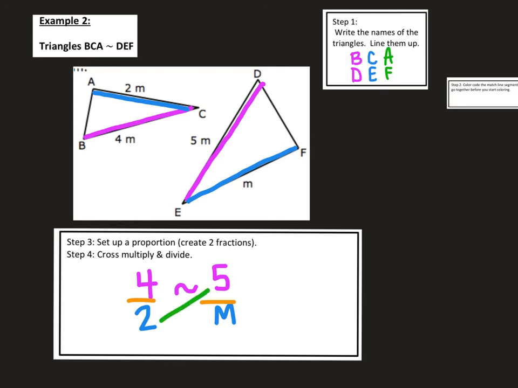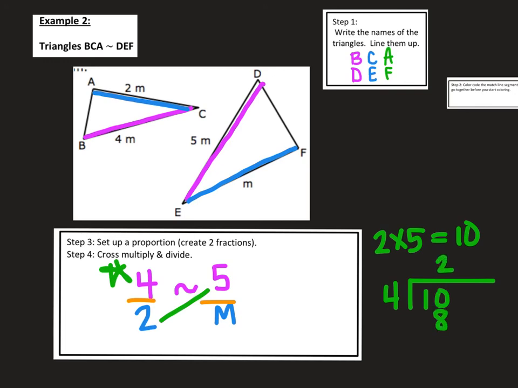If you're unsure or you get a question that's not easy to solve, then your option is cross multiply and divide. Okay, I can do 2 times 5, and that's 10. And then the other number that's left over is a 4. I'm going to divide 4 into 10, and then that's going to be my missing measurement. So 4 divides with 10 2 times. That's 8.